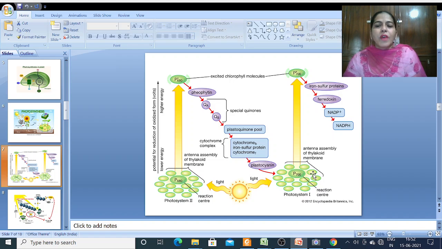Photosystem 1 has major chlorophyll molecules, and accessory pigments like carotenoids, etc. Its absorption spectrum is at 700 nanometers, so it is also called P700, right? And photosystem 2 has its absorption spectrum at 680 nanometers, so it is also called P680, right?